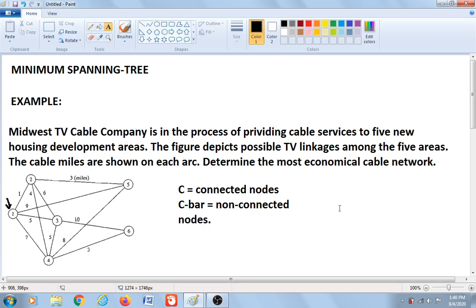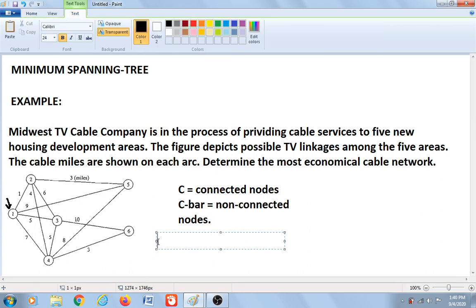Since we start from node number 1, our initial C is 1, and our starting C bar is 2, 3, 4, 5, and 6.